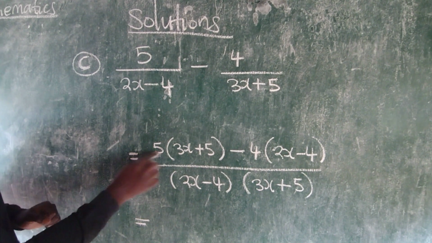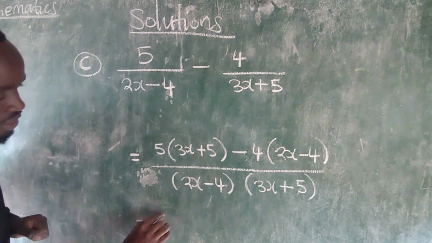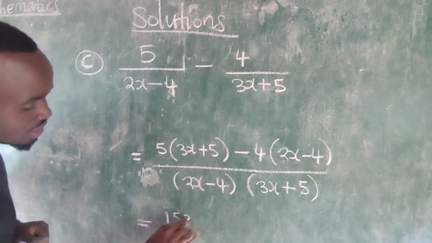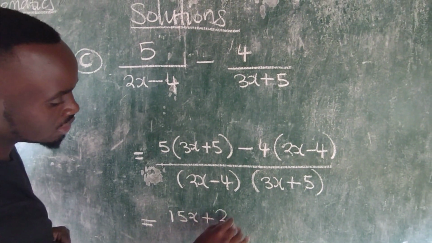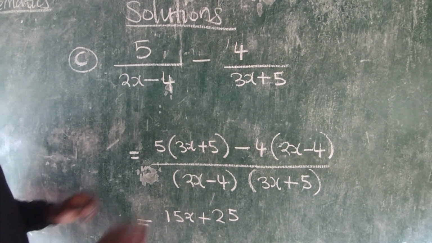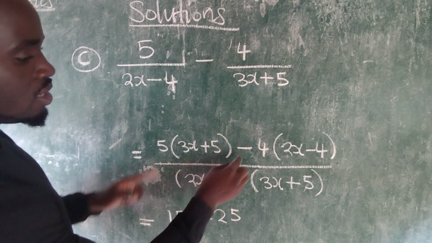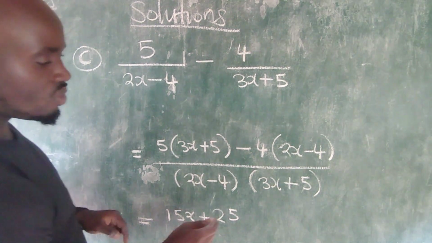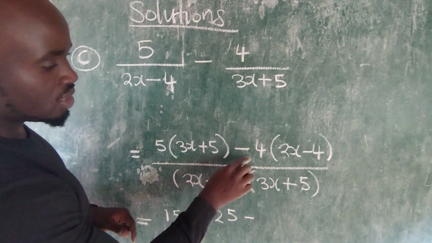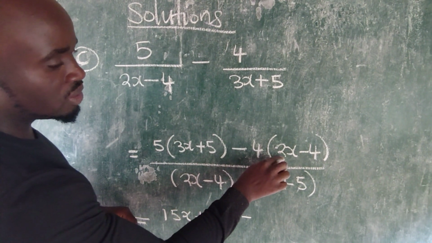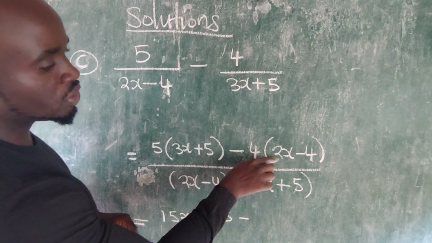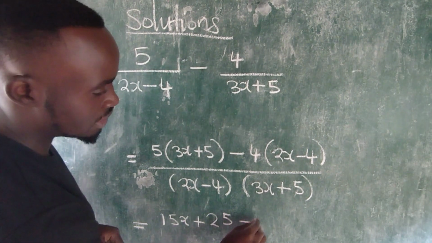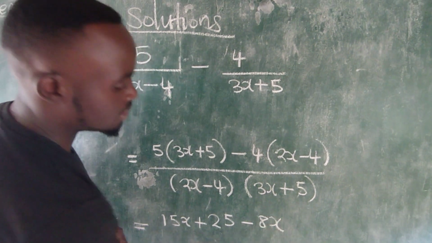Okay, so 5 times 3x, I'll get 15x plus 5 times 5, you get a 25. Okay, we are done expanding this and this, minus 4 times 2x. Okay, or you can say negative 4 times positive 2x, which will give you negative 8x.